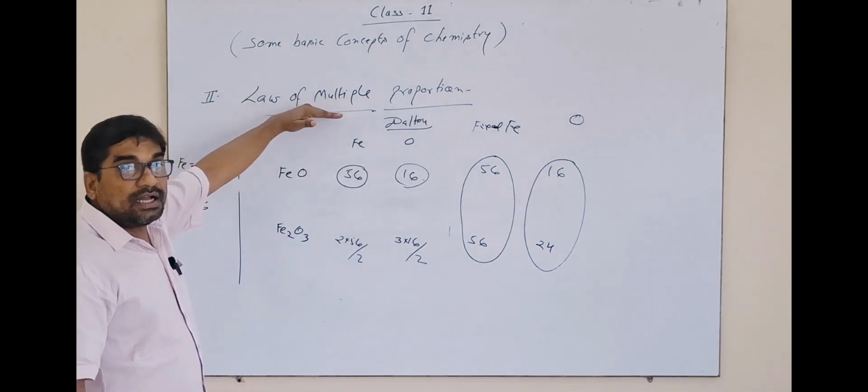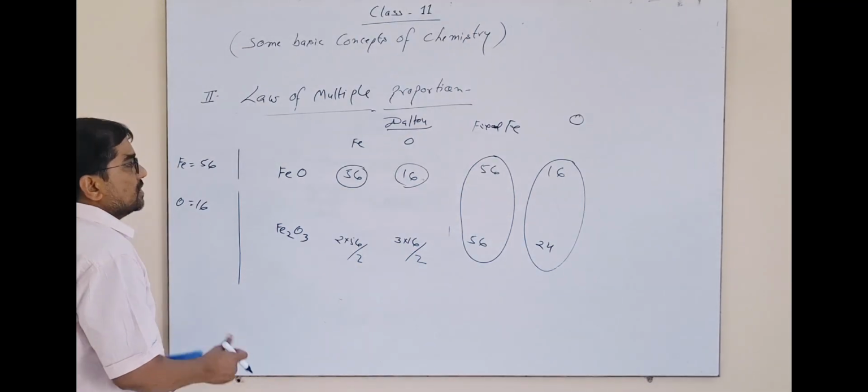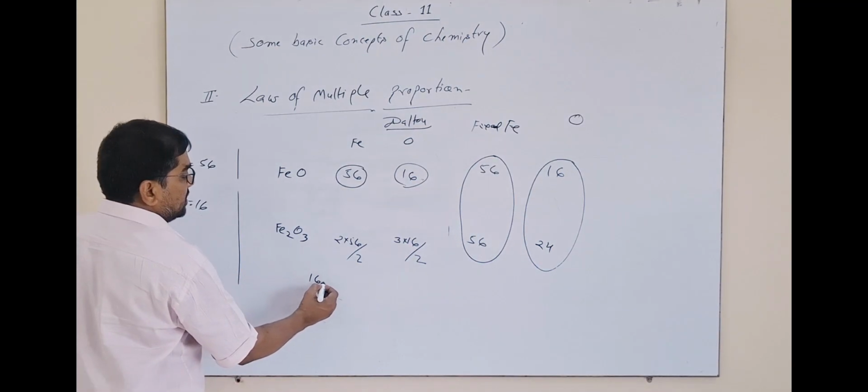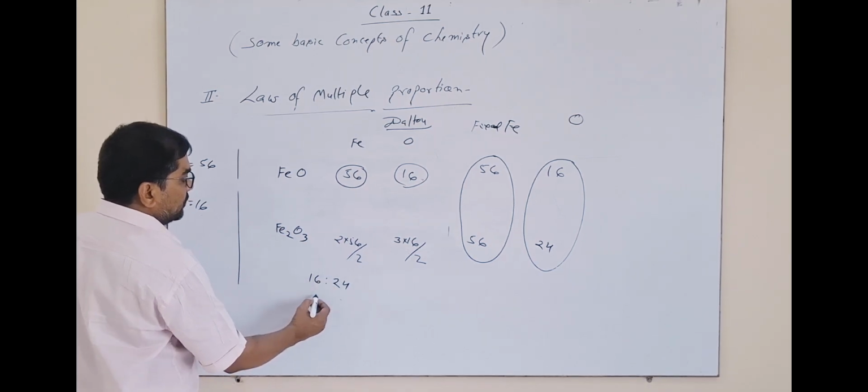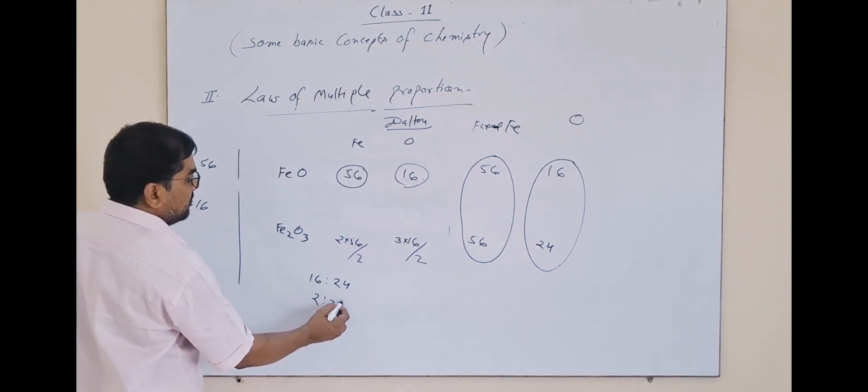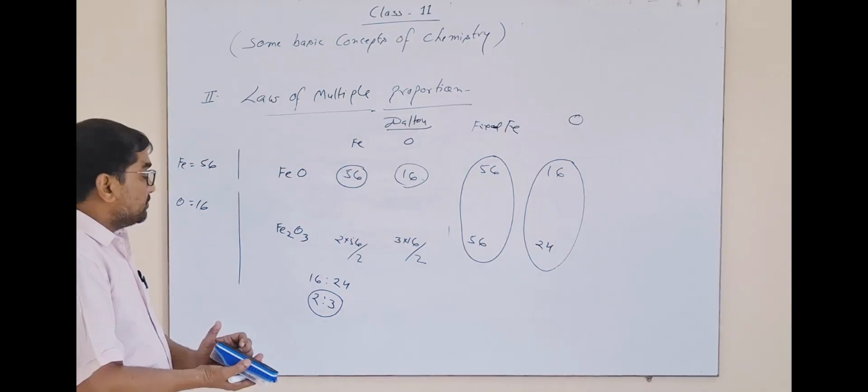This is called law of multiple proportion. So here oxygen 16 ratio 24, 2 ratio 3 by mass.